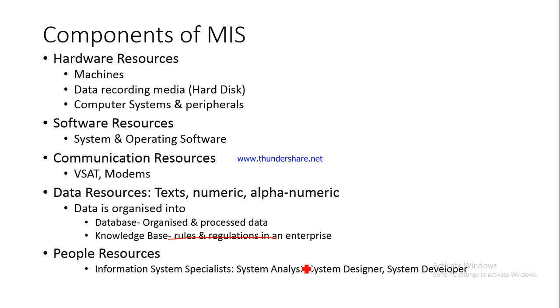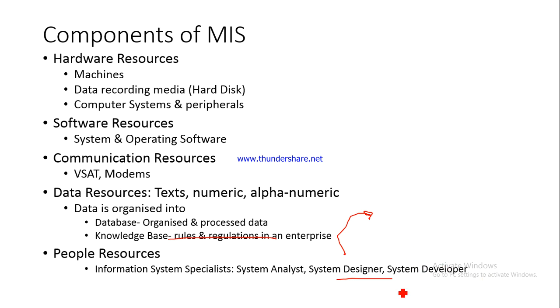So some of them would be a bridge between the customer requirements and the designer, who only understands technical language and technical terminology. And the designer, based on what the analyst has told him, would be providing the design to the developer, who would then be doing the software coding.